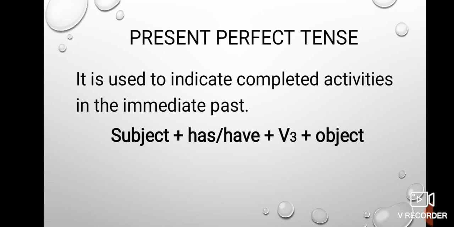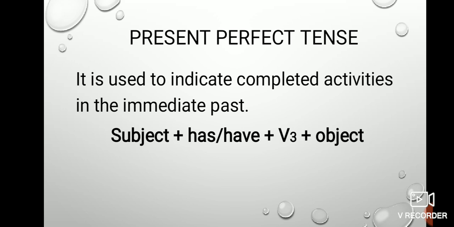There are many usages of this tense, but initially we will start with one use. Present perfect tense is used to indicate completed activities, any action which is completed. About that particular action, if you want to speak, then you can go with present perfect tense, right?